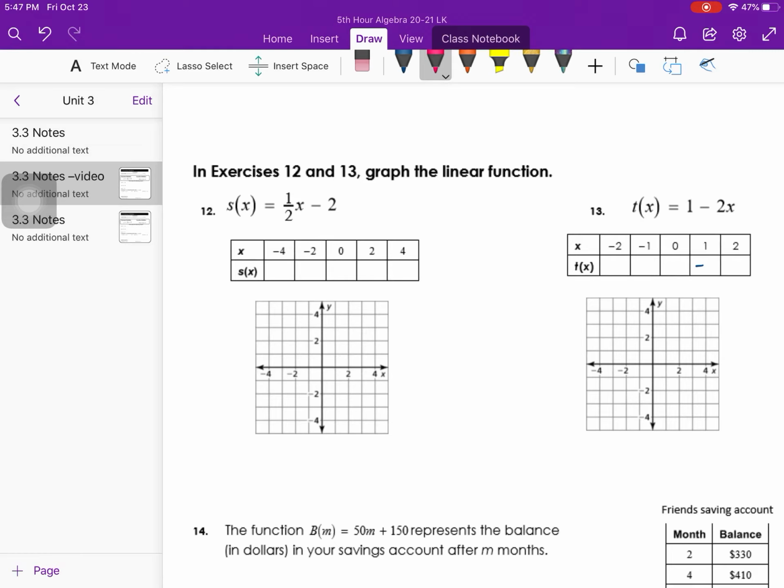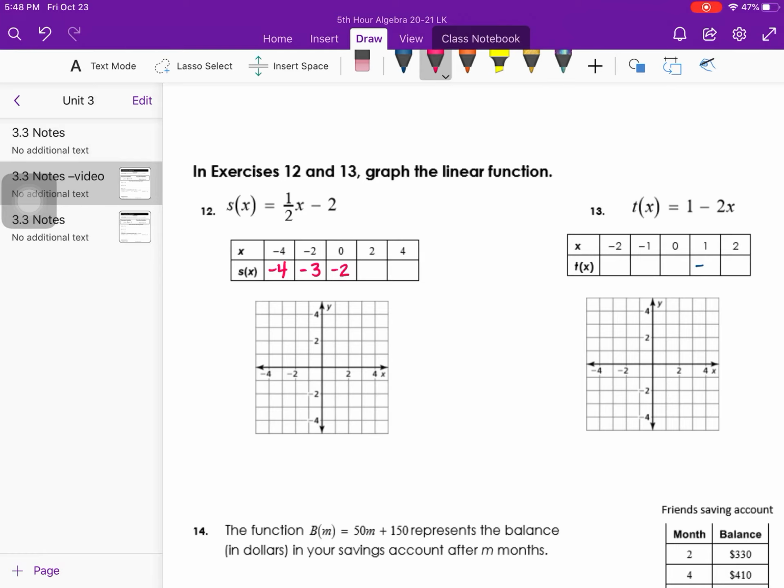So if I put -4 into the function at x, 1/4 times -4, that's -1. Subtract 2 more, that's going to be -3. Plug in -2 as your input. -2 times 1/2 is -1. Take away 2, that's -3. When my input is 0, my output is -2.